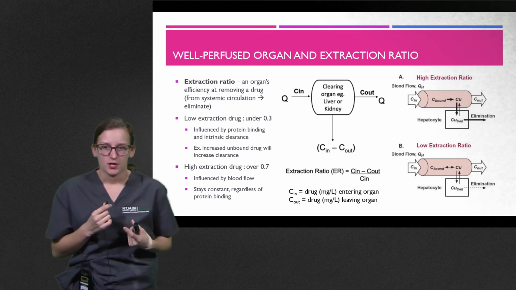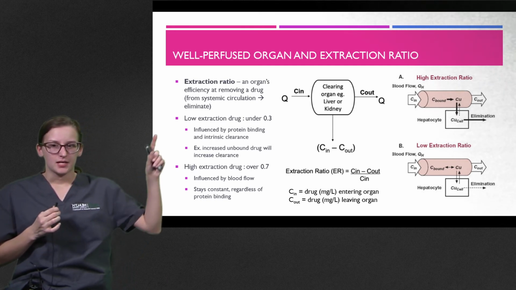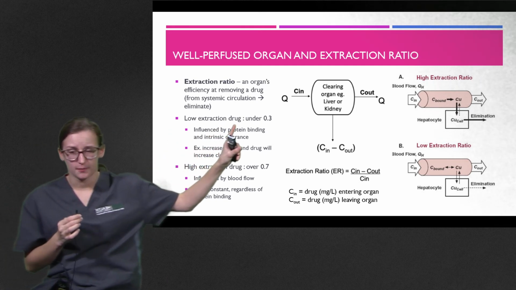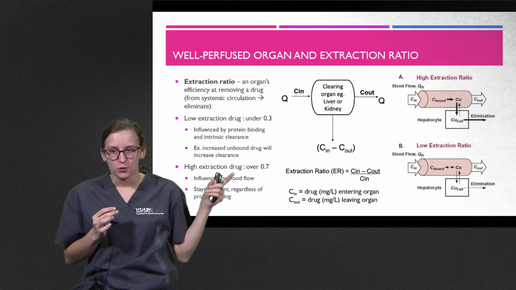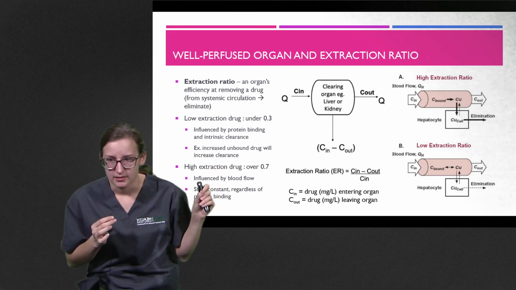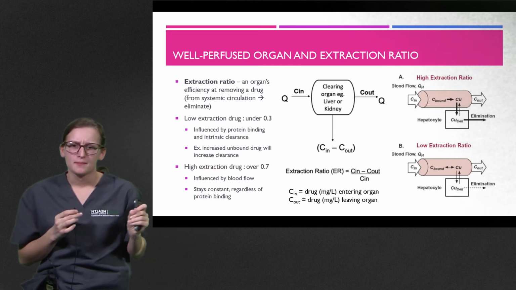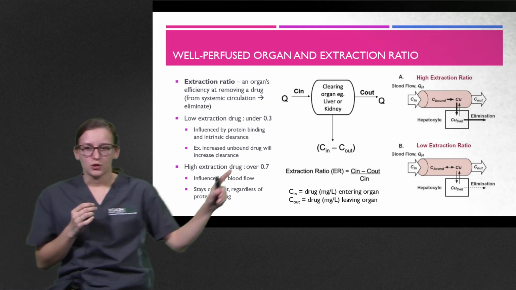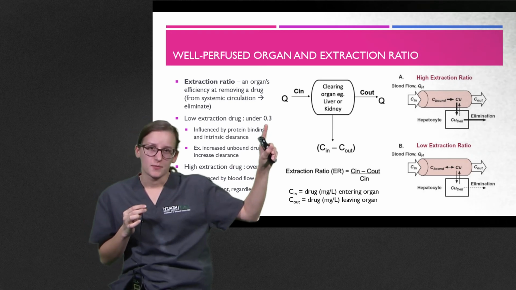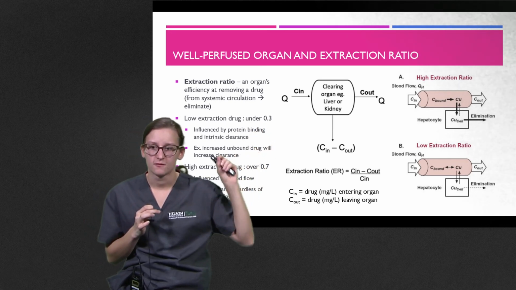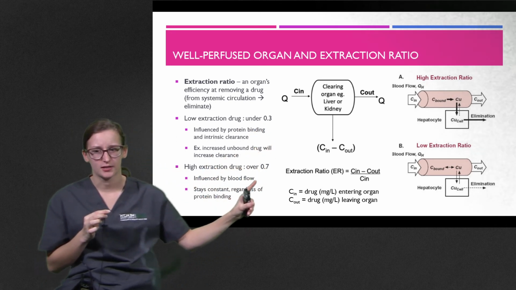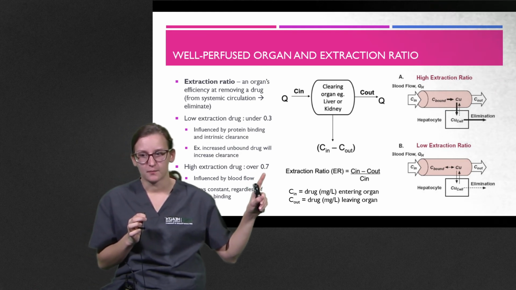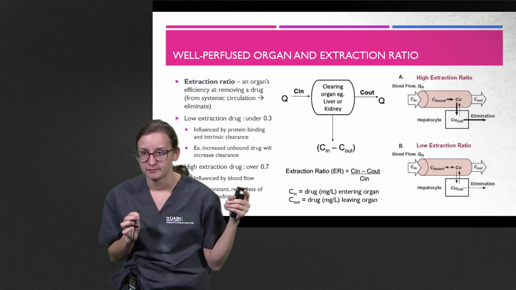If it's a low extraction drug, the ratio is under 0.3 and is influenced by protein binding and intrinsic clearance. What I mean is that 0.3 means you can only remove 30% or less of the drug, versus a high extraction drug, where you can remove about 70% or more of it.